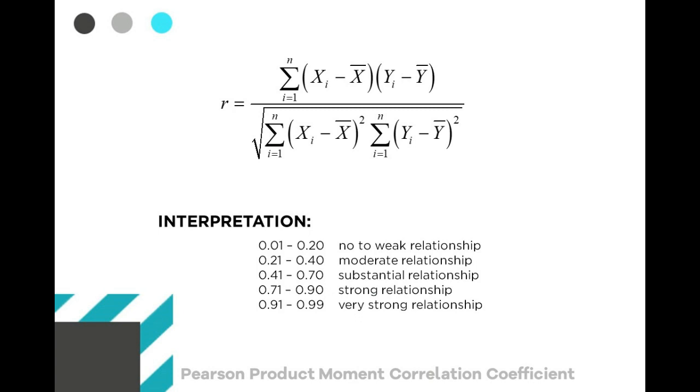For 0.41 to 0.70, they do have substantial relationship. For 0.71 to 0.90, they have strong relationship. And for 0.91 to 0.99, we do have very strong relationship.